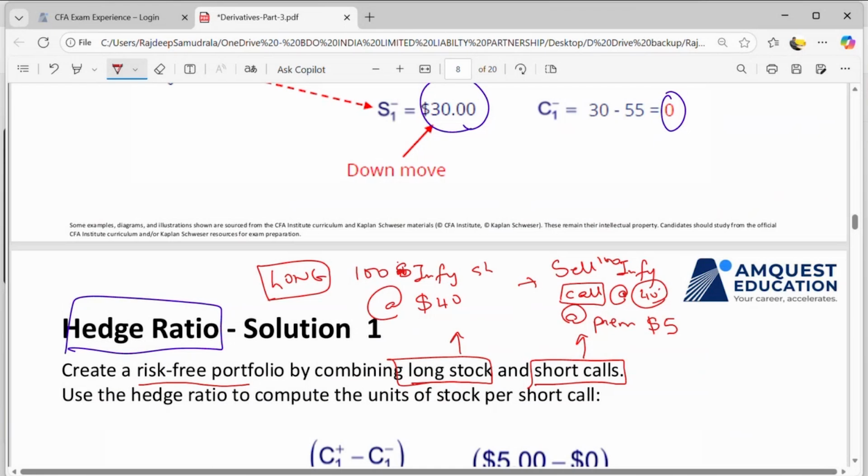Yes, because you already have 100 Infosys shares in your portfolio. So if Infosys is going up, then your portfolio is also going up. So this 40 becomes 50. So anyway you have earned $1,000 here, and you give this $1,000 to him.